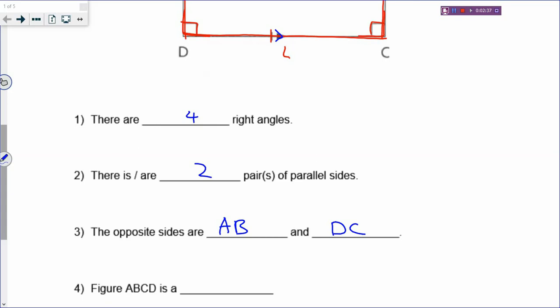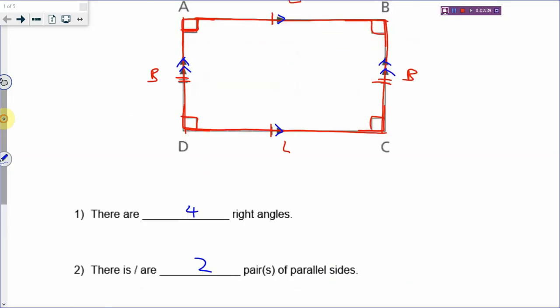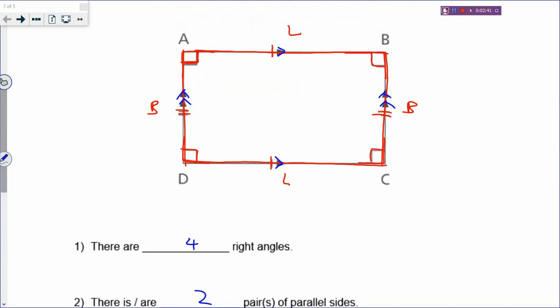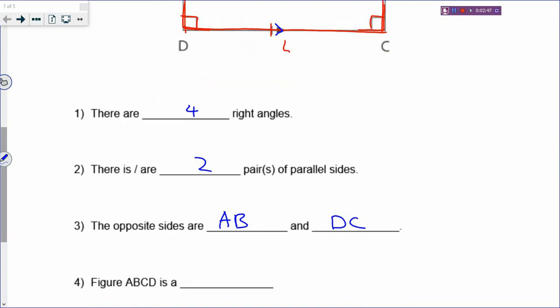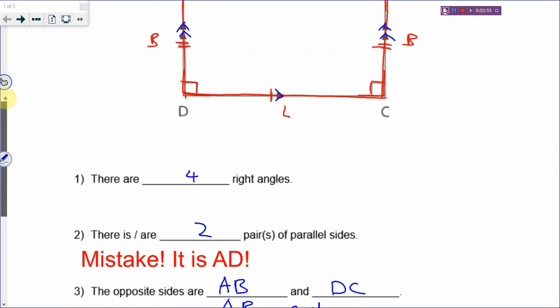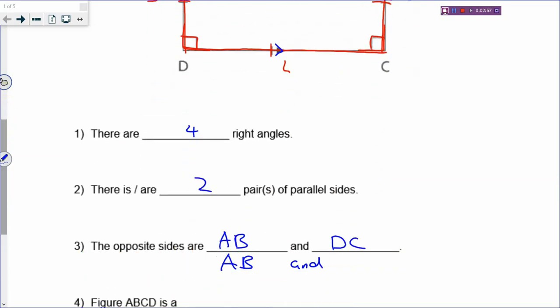They are the same. Another pair of opposite sides are the two breadths, which are AD and BC. These two breadths are opposite to each other.